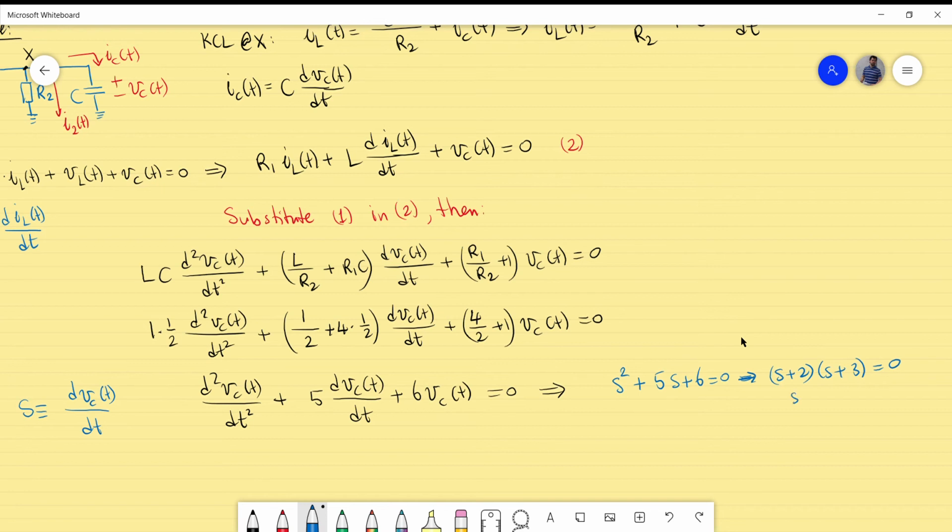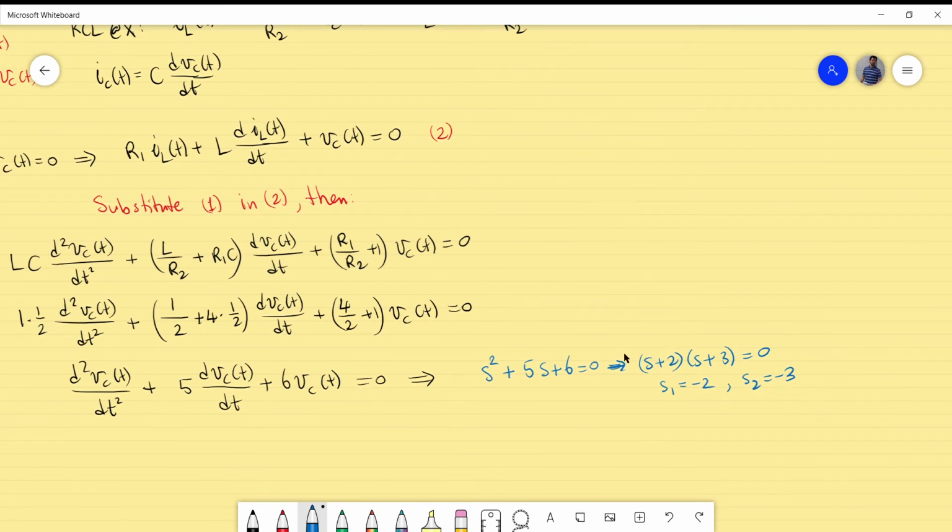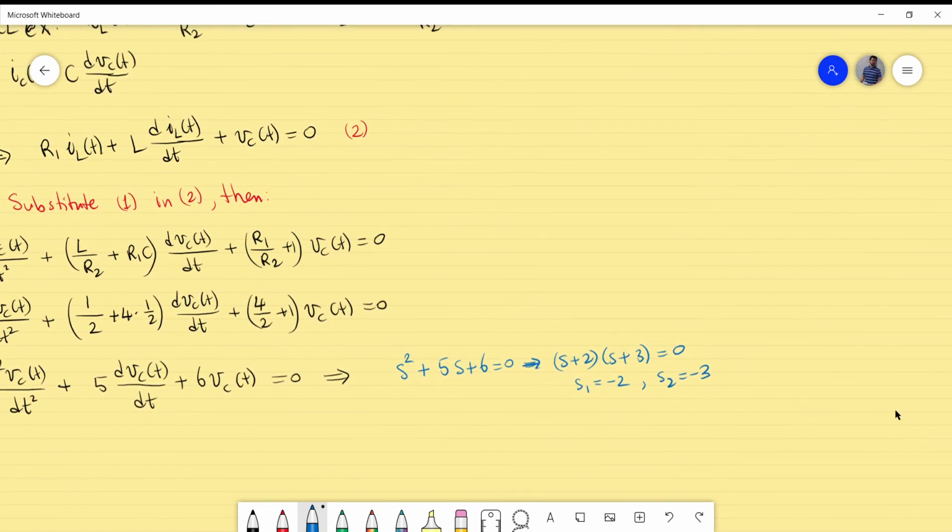I can now calculate that S1, as one of the roots, is minus 2, and S2 is minus 3. And if you see two distinct roots, or two distinct poles, or normal modes, then we have a response which is called overdamped. So this is one of the response types of the second order system.